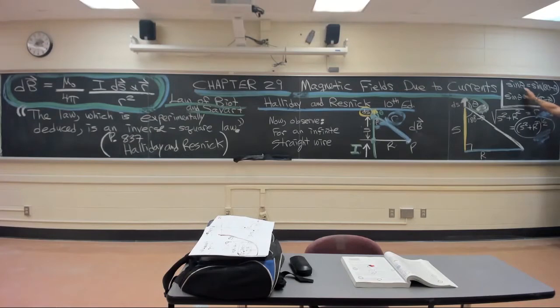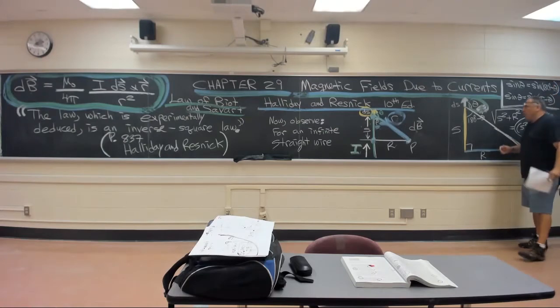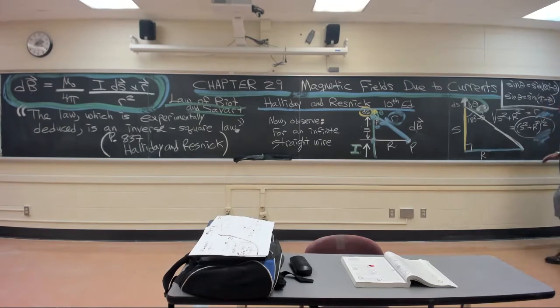For radians or degrees, same argument, just different numbers. True. We're not really worried about the way this thing opens up.